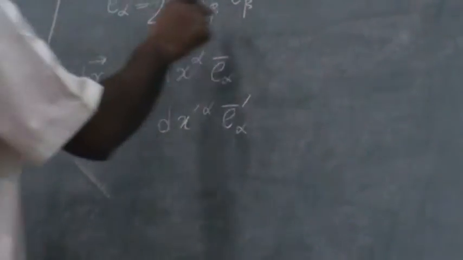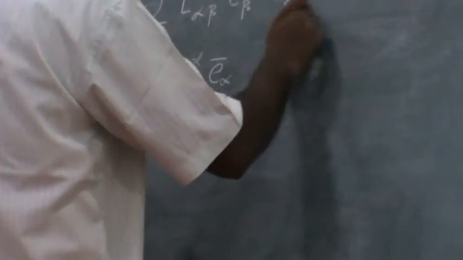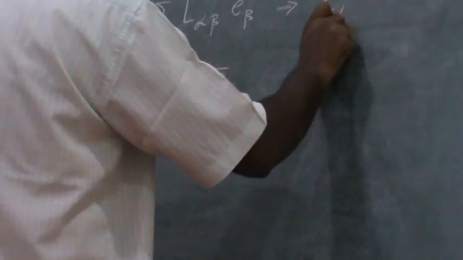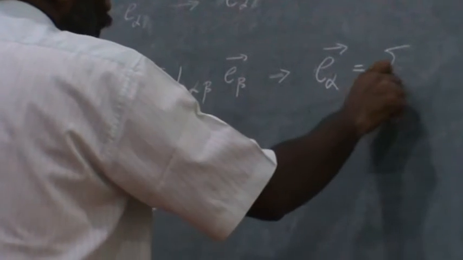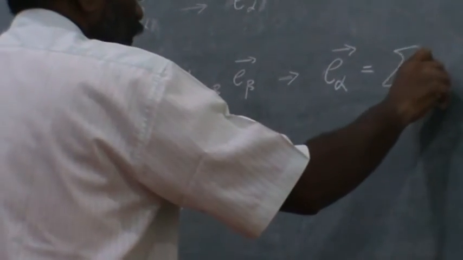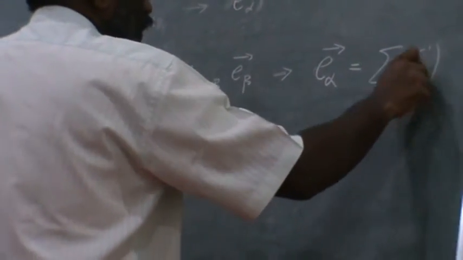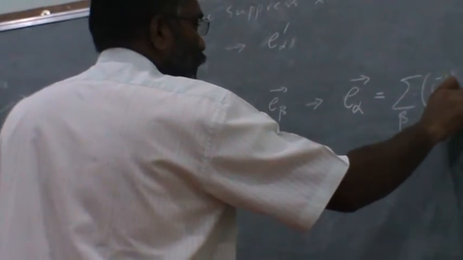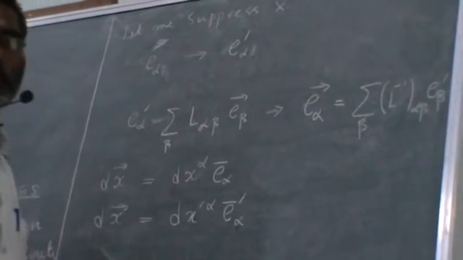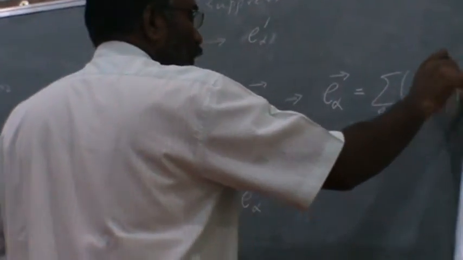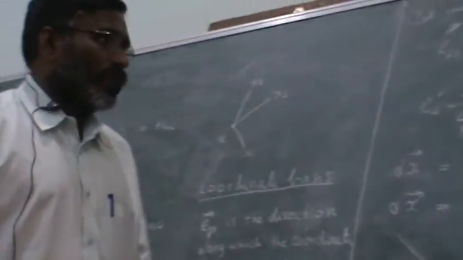Now if E alpha prime is related like this, then E alpha can also be related with sum over beta of L inverse alpha beta times E beta prime. Correct? So I can get the inverse of this and then get it like this.